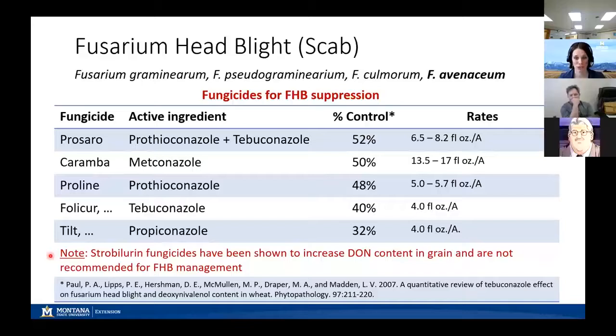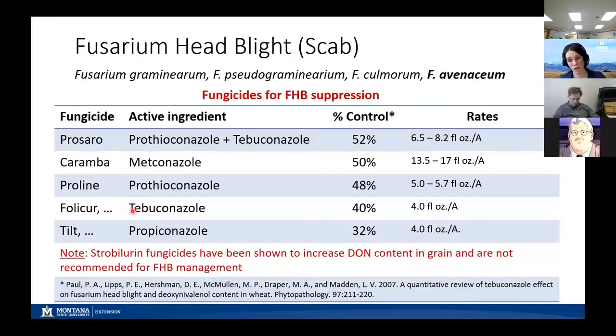DMI fungicides are the most widely used fungicides to control Fusarium head blight, and they are good at suppressing it, but different active ingredients are differently effective, which is shown here in this table. Generally, Prosaro, which is a combination of these two active ingredients, achieves a good control, and so do Caramba and Proline, whereas Folicur and Tilt, which have the active ingredients tebuconazole and propiconazole, are generally not achieving very good suppression.